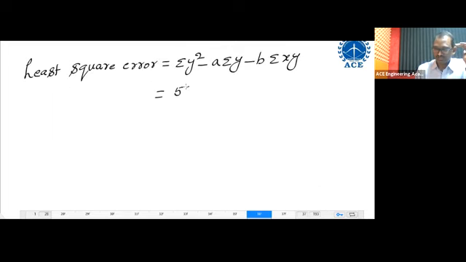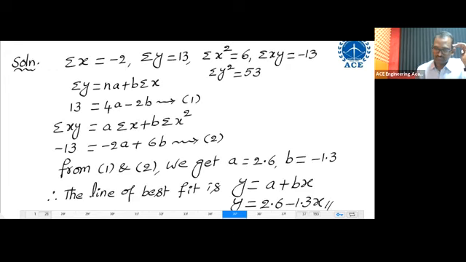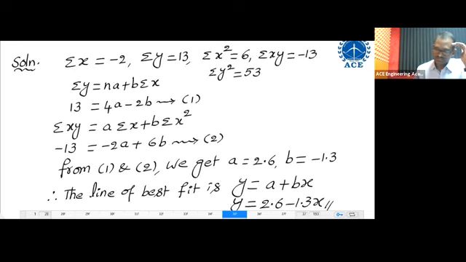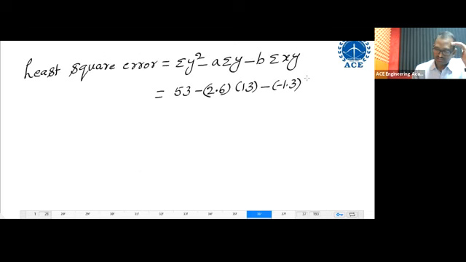So 53 minus a value 2.6, sigma y 13, minus b value minus 1.3, sigma xy minus 13.